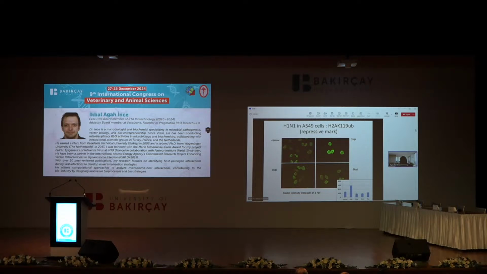So after all the studies, 2 to 5 years, we showed that we can use cell models, cell lines, bronchial or lung cells or any relevant cells for influenza infection to understand how the virus targets initially and starts infection.